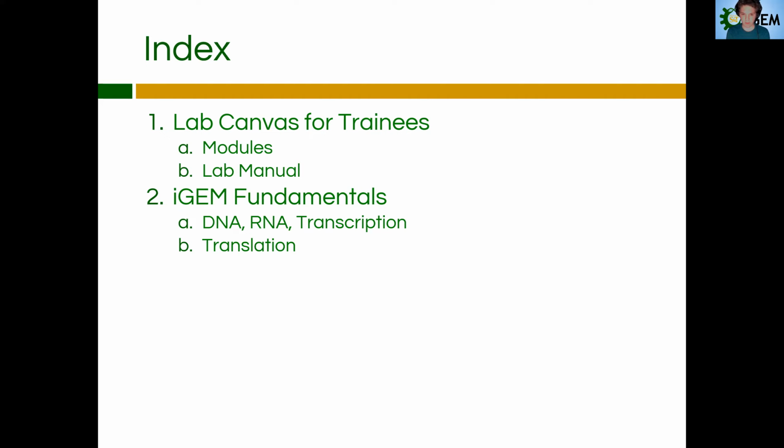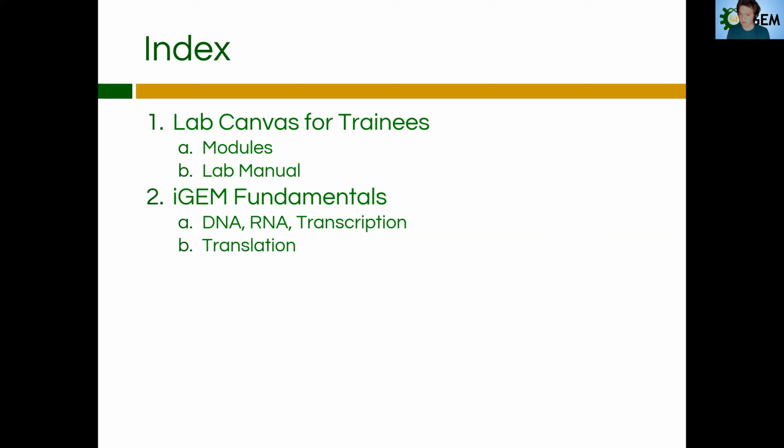Also, during this lab Canvas course for trainees, you will become familiar with the lab manual, which is the main document that we use within lab. It outlines all the different protocols that we use in lab, all the knowledge that we need in order to understand those protocols, and also some equipment and how to use it. Finally, I'm going to be covering some iGEM fundamentals for this video.